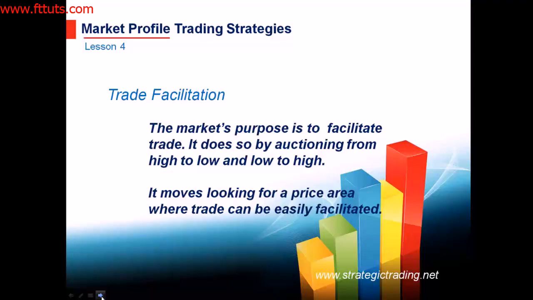Basically, the market is always moving, trying to determine a value area, an area where a lot of volume can be traded and trade will be facilitated. There's a lot of activity. So the market is always looking for these price areas where trade can be facilitated. And when we say the market is looking for that, it is those short-term traders that are always looking for that value area so they can begin their trading activity in that area.